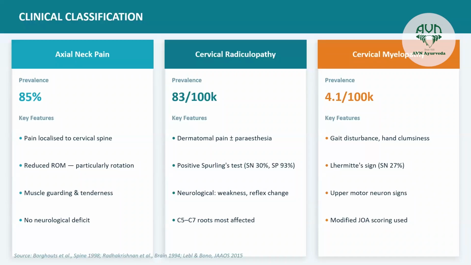The sensitivity, as per the studies, is 27%, and it can be associated with upper motor neuron signs of stiffness and hyperreflexia. The modified Japanese Orthopaedic Association scoring scale is used to get the severity of cervical myelopathy.